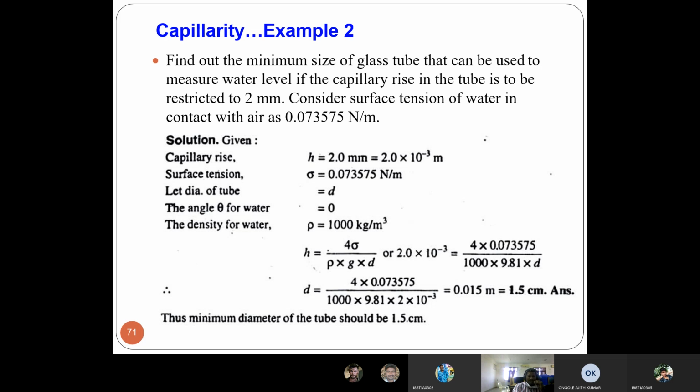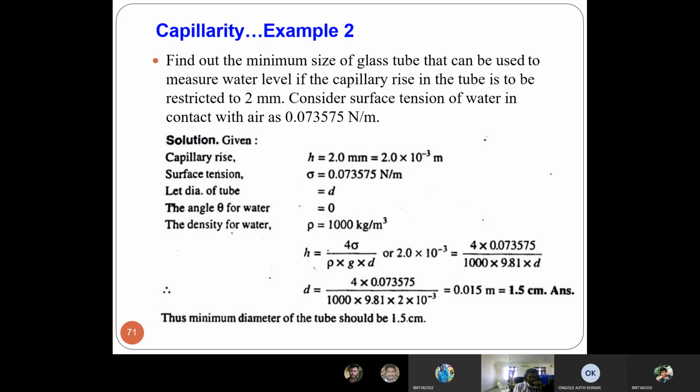So here capillary rise h value is given as 2 mm, converted into meters, 2 into 10 to the power minus 3. Surface tension given sigma is equal to 0.073575 Newton per meter, and the diameter D we assume as D. Angle of contact theta is equal to 0 for water. Density of water rho is equal to 1000 kg per meter cube.